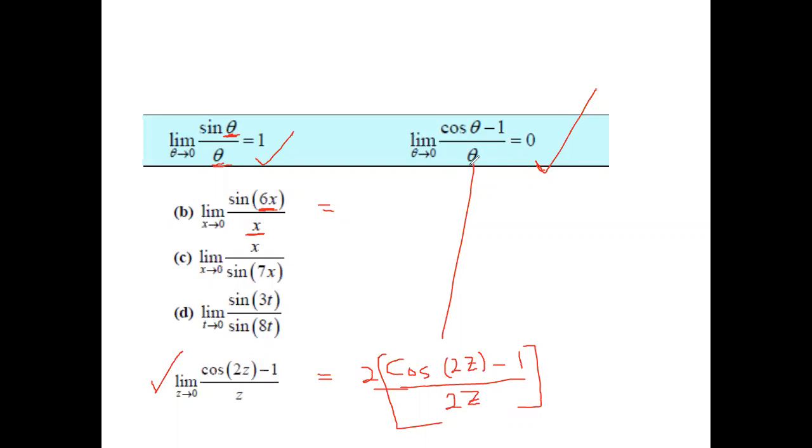Good. So if that is the case, then this form looks like what we have up here, so we can now evaluate the limits. When we find the limit, it's going to be equal to 2 times the limit of cos of 2z minus 1, all over 2z.